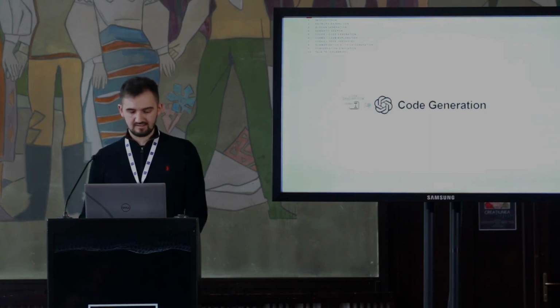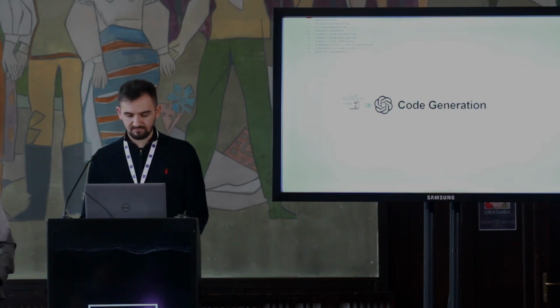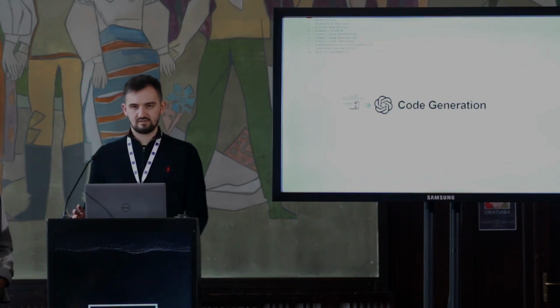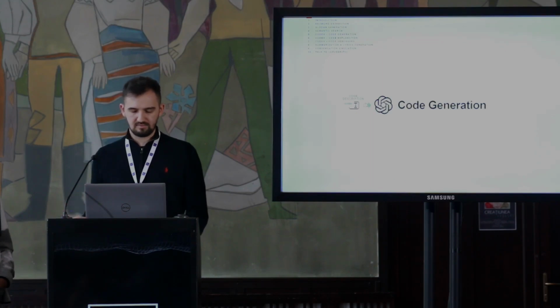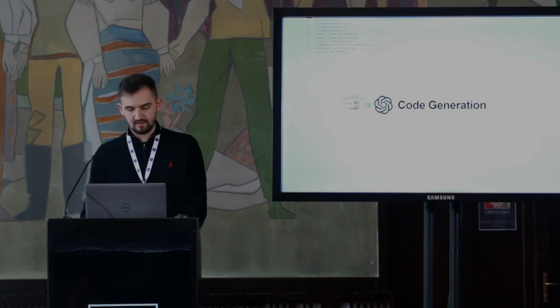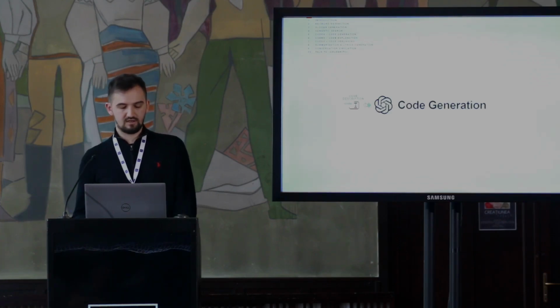In this case, for code generation, the model is called Codex. Codex is the term used for this type of models, but the actual types are the same: Da Vinci, Curie, Babbage, and Ada. So it's the same hierarchy. For code generation, what you input is a code description.